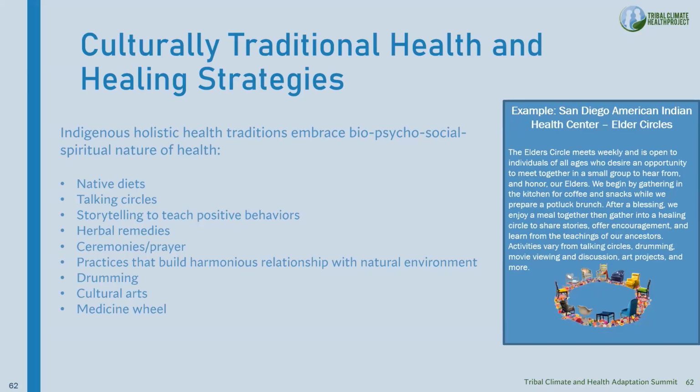There's an example. Sometimes I think tribes maybe are doing all of these things already and they're doing them so well. And then the question or the hard part becomes, what if we want to do it more? Like, how do we build it? How do you build it from scratch if you wanted to do it? So, one example is, San Diego's American Indian Health Center developed elder circles. So say, for example, we know that there's a lot of elders in a community.